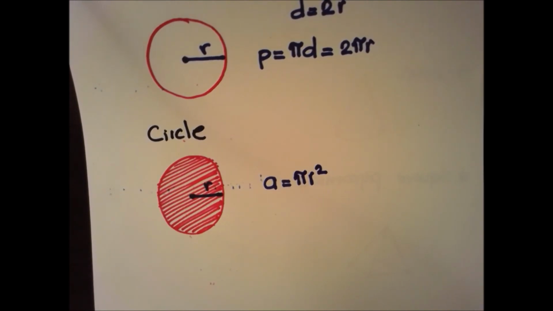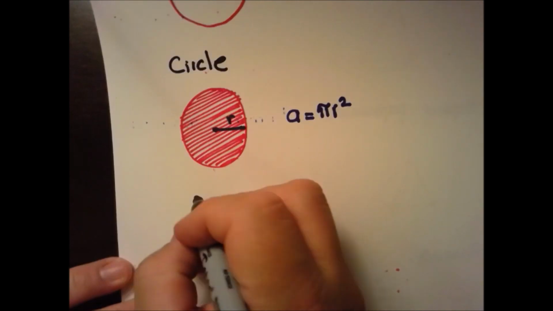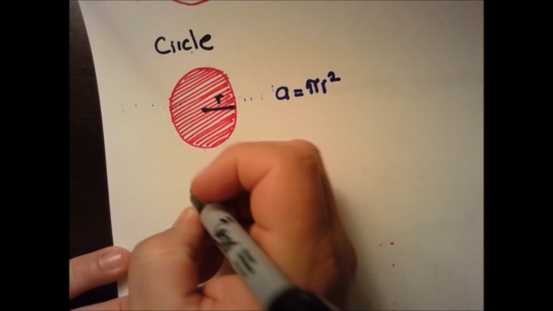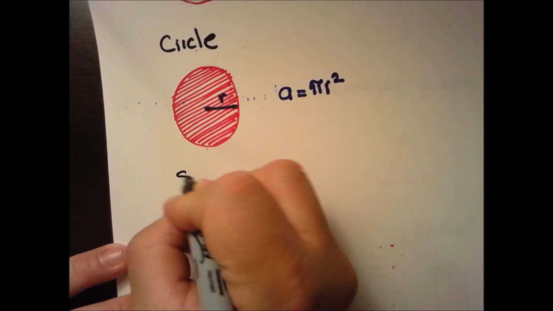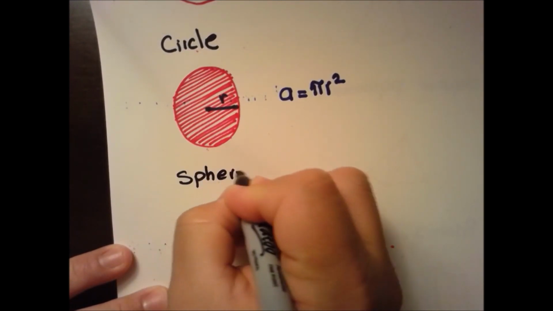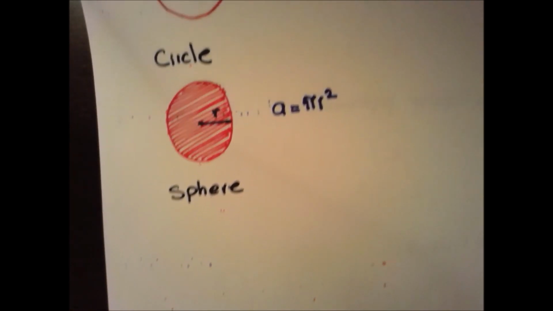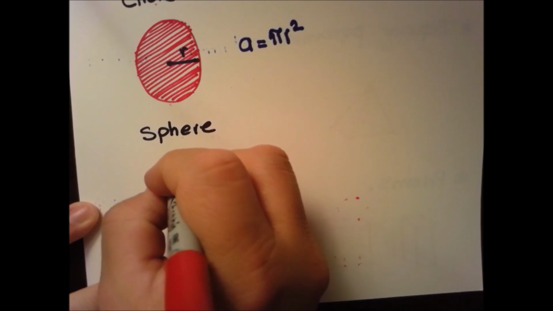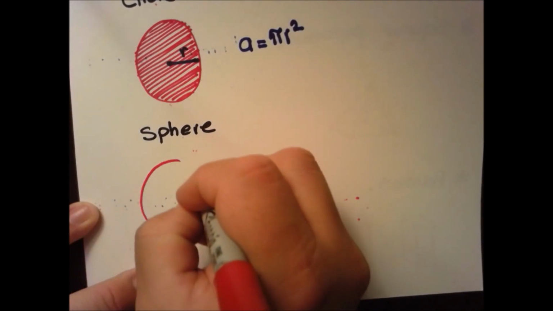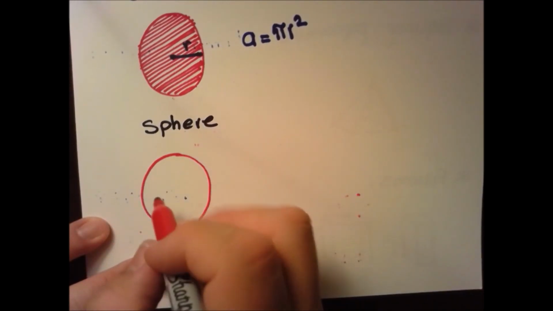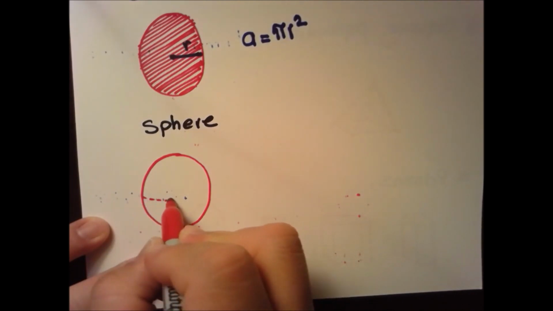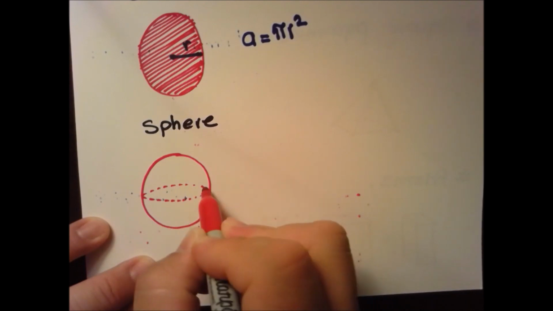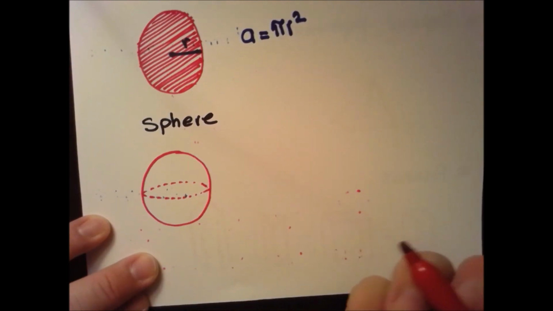And finally, if we transform this circle into a 3D geometric shape, we're going to have the sphere. If I just draw this one, it's not going to look like a sphere, but maybe if I make something like that, it's going to look like a sphere.